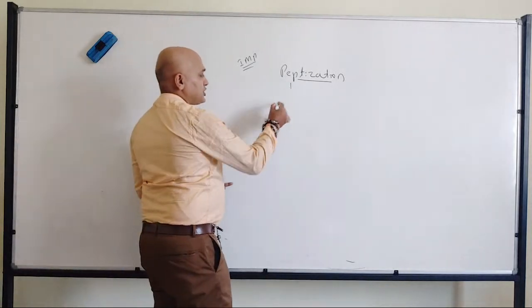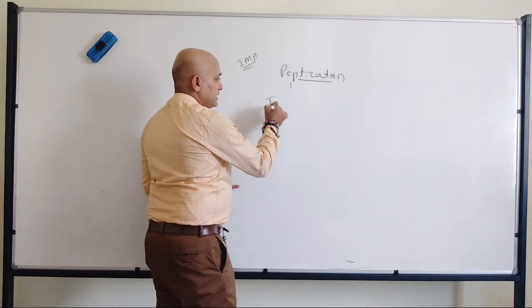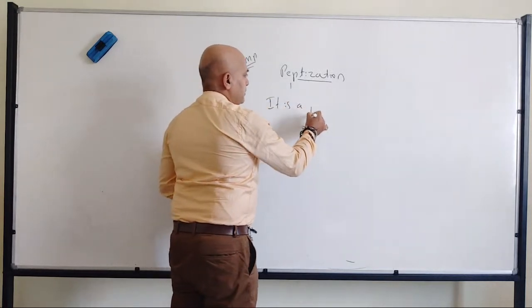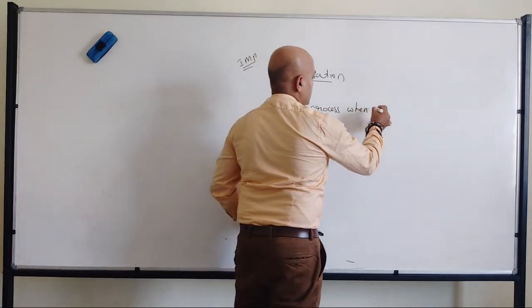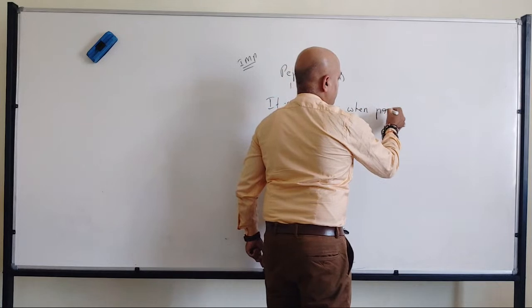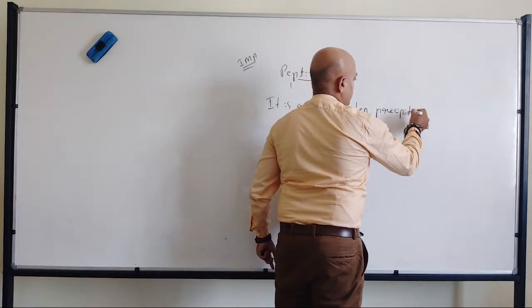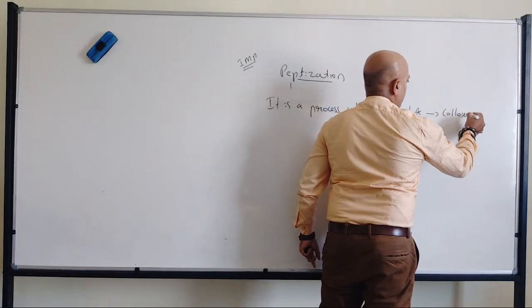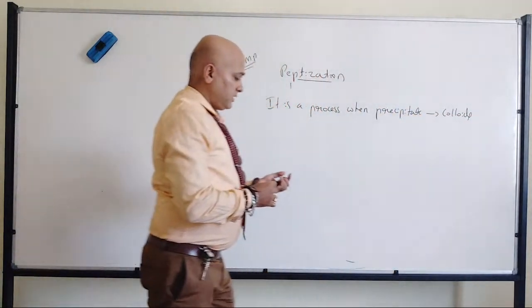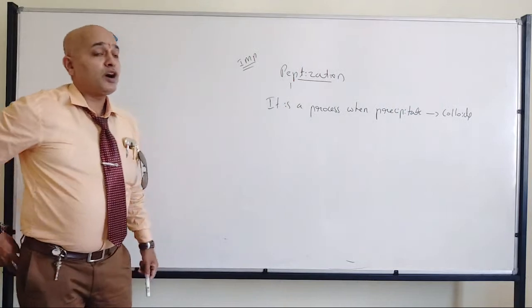So peptization is a process when or during which a precipitate will be converted into colloids. Precipitate will be converted into colloids.